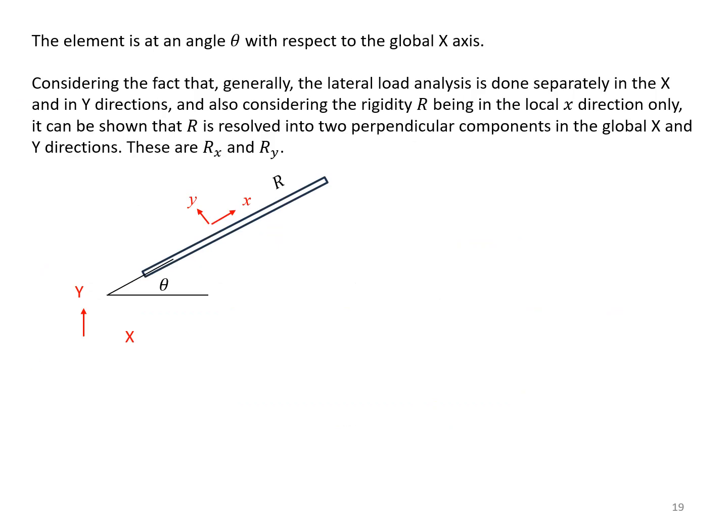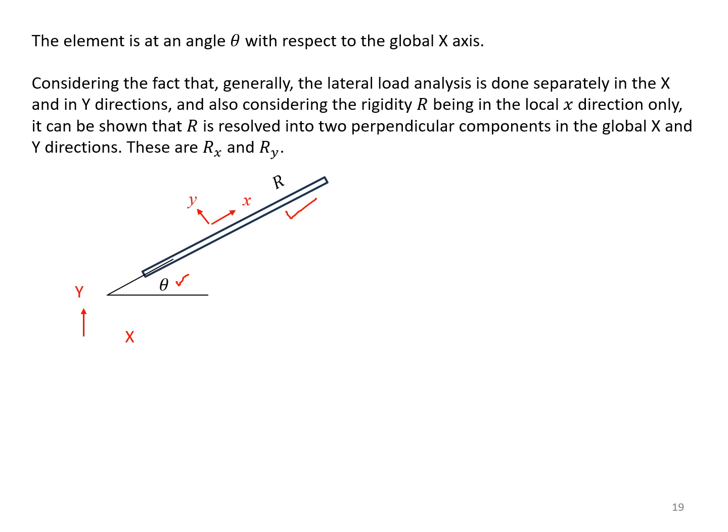So here we have an element which has a rigidity of R, its local axes are x and y, and it has an angle theta with respect to the global axis.